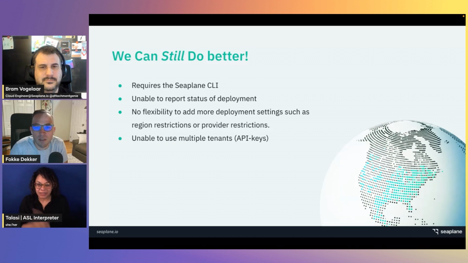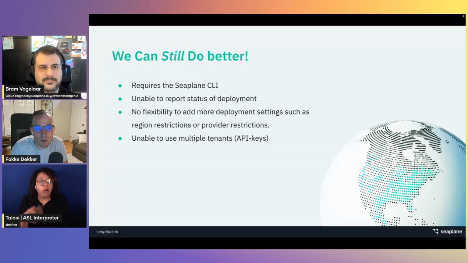There's not really any flexibility to add more deployment settings. So within Seaplane, one of the things that we do is we deploy your application globally, but then we give you a set of configurable settings that allow you to restrict workloads to certain regions, for instance, to comply with things like GDPR.